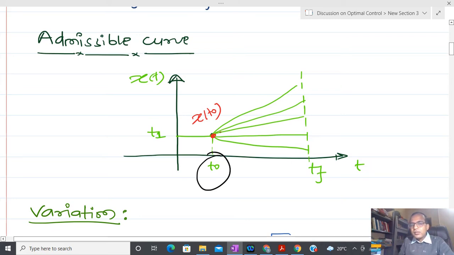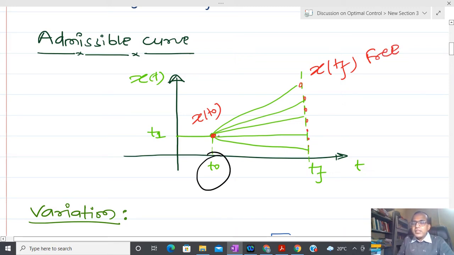After that, we are assuming another thing. You can see here t0 and tf, so tf is known to me but x(tf) is not known to me. It means that for x(tf), there are infinitely many possibilities if x(tf) is not specified, so this is basically free.